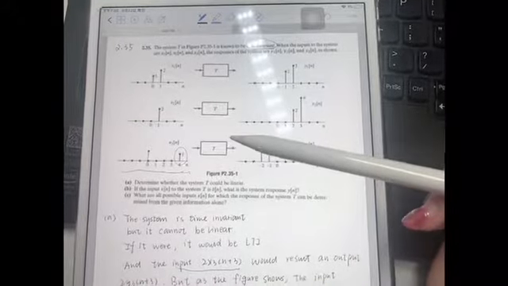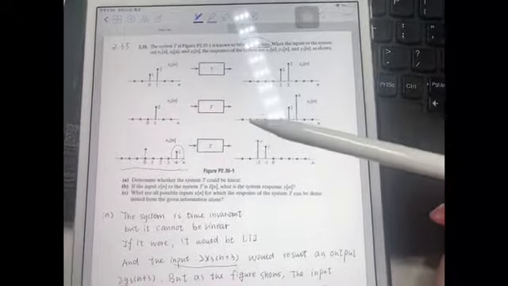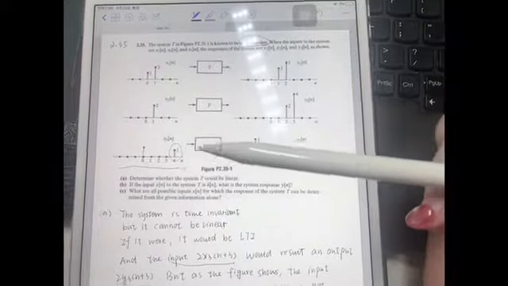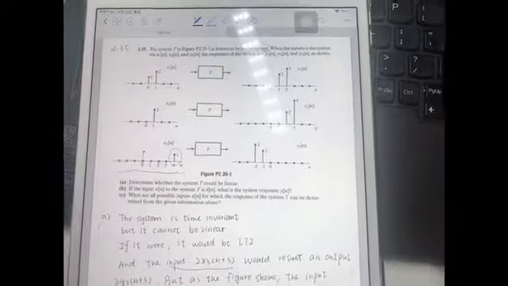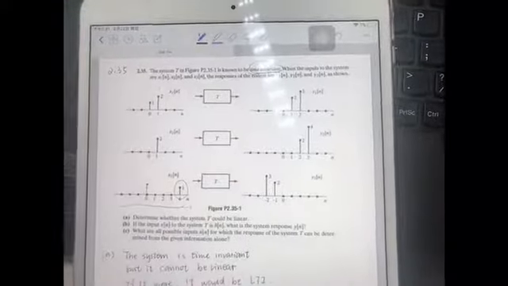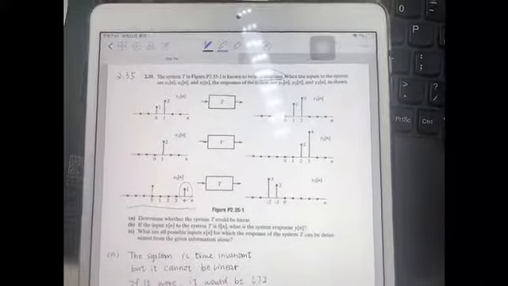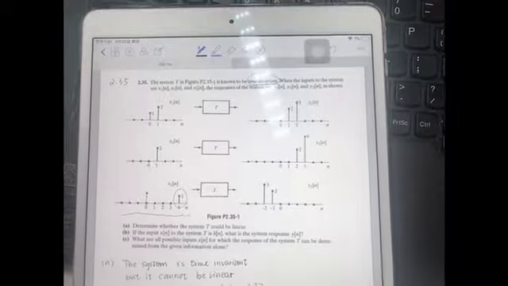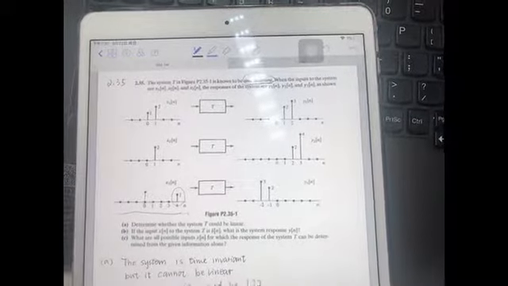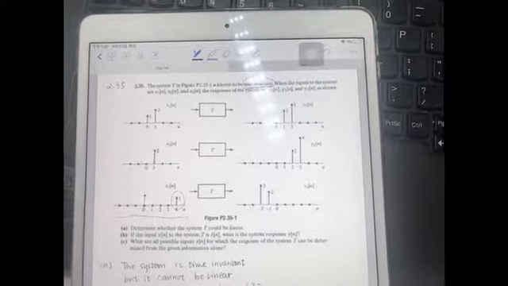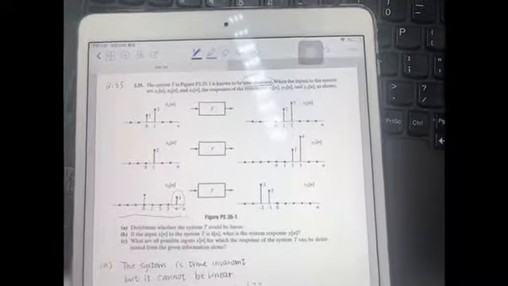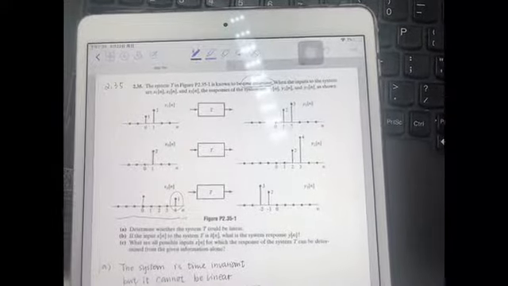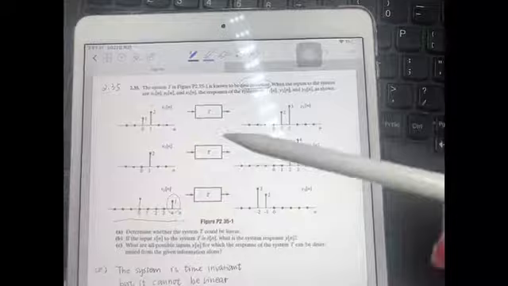We can get this kind of input of the system, and we can get the output of the system when the input is the time shifting of this.